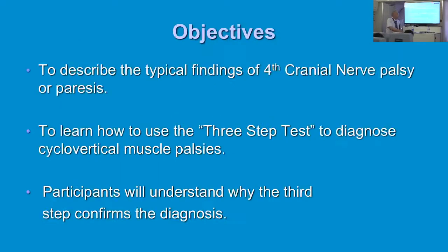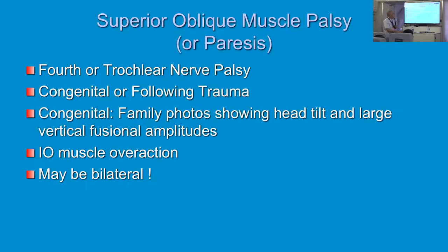Okay. So I'm going to describe the typical findings of fourth cranial nerve palsy or paresis if it's totally weakened. We'll learn how to use the three-step test to diagnose these cyclovertical muscle palsies, and you'll understand why the third step confirms the diagnosis. Superior oblique muscle palsy is also called fourth or trochlear nerve palsy.